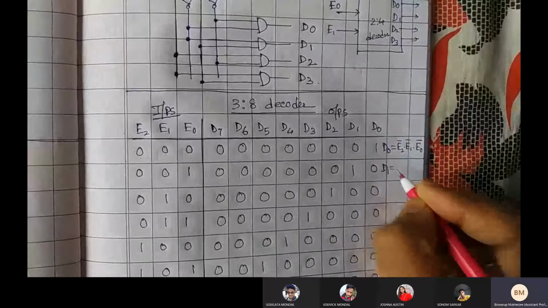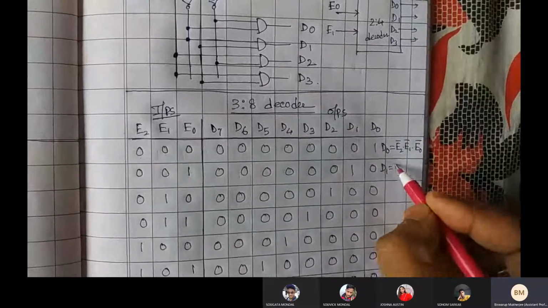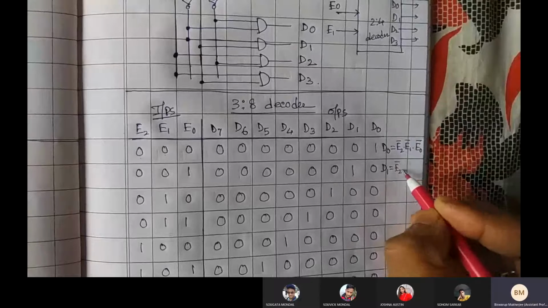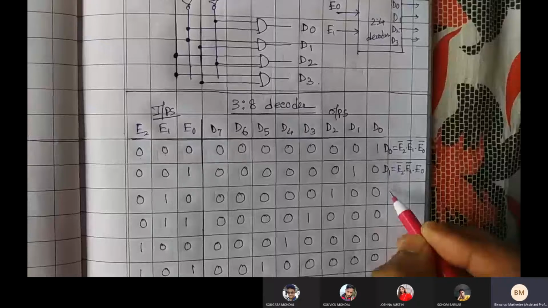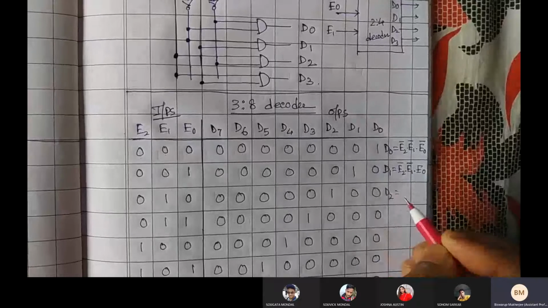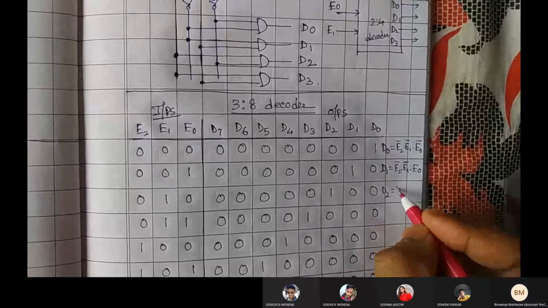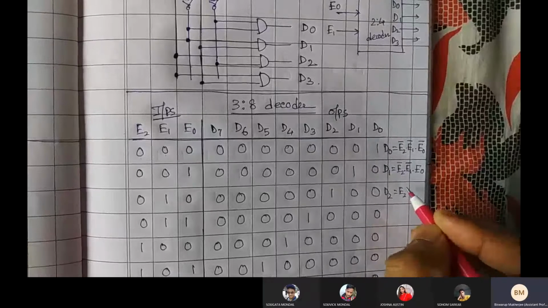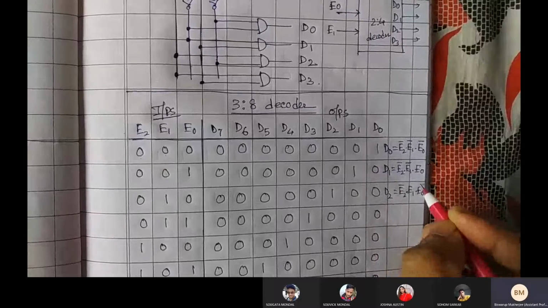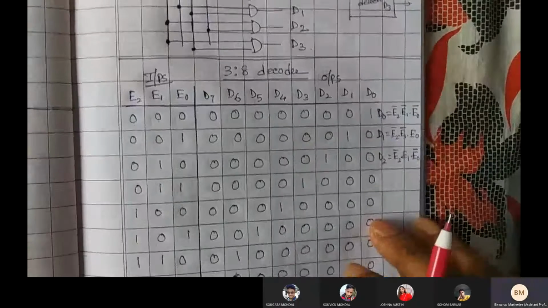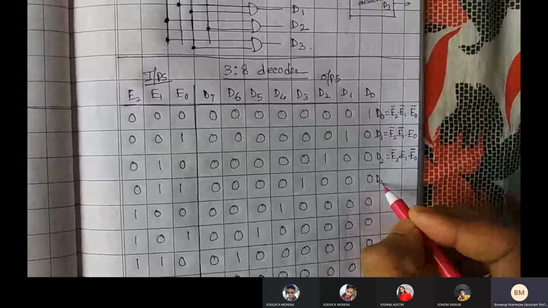Similarly, D1 equal to E2 bar, E1 bar dot E0, right? Similarly, D2 equal to E2 bar, E1, E0 bar, right?